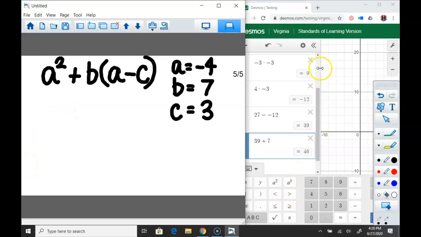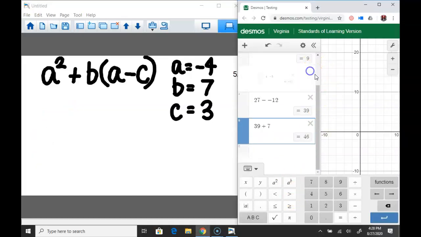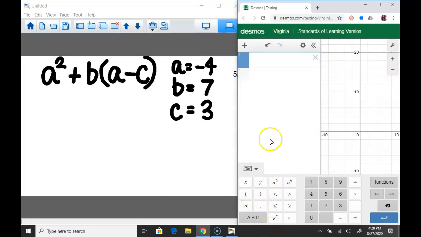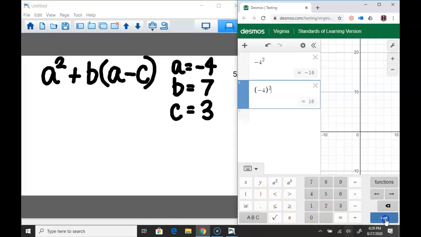So just for example, just to stress this again, if I do negative 4 squared without parentheses, I'm going to get negative 16. And if I do negative 4 squared with parentheses, I'm going to get a positive 16. I want to square a, so I want to square negative 4.